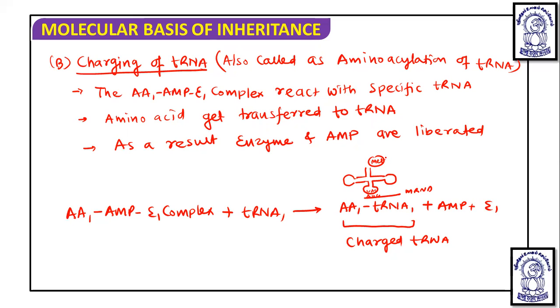Like this, the tRNA takes the activated amino acid, this methionine, and comes to the ribosome, and the addition of the particular amino acid occurs. This way the process starts. Later, when all the amino acids are activated and charged, the formation of the polypeptide chain initiates.